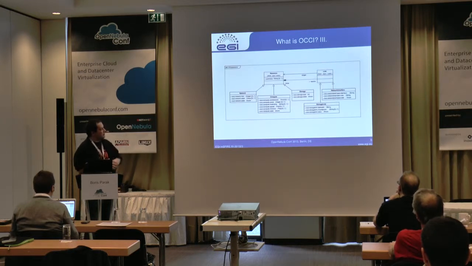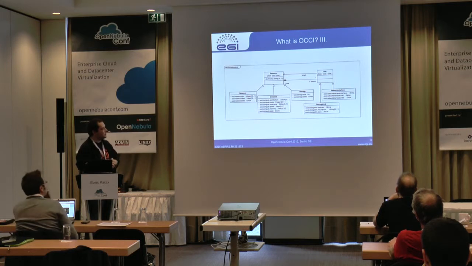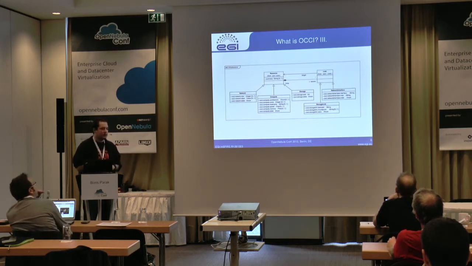This is a look at a specific part of the OCCI specification, because OCCI is separated into two main parts. The first part is OCCI core. That's the specification or the diagram you've seen just a few seconds ago. And this is a specific extension of this core principle to support infrastructure as a service cloud. So actually you can see here is the resource.